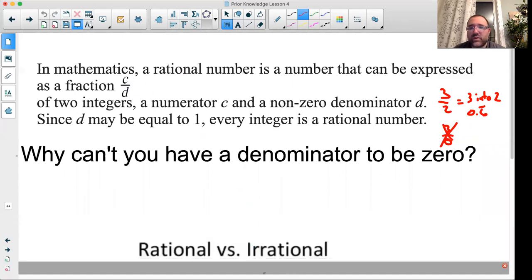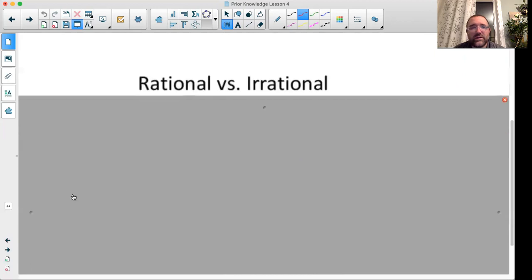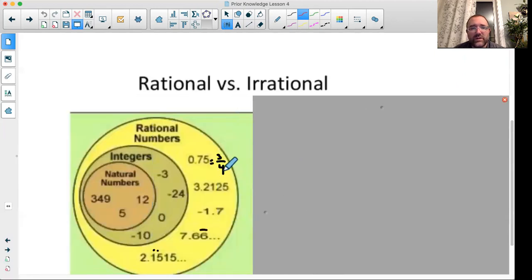Keep in mind, rational numbers versus irrational numbers are a little bit different. Rational numbers deal with integers and natural numbers, or another way of saying that, whole numbers. Rational numbers can also be classified as a fraction or as a decimal.